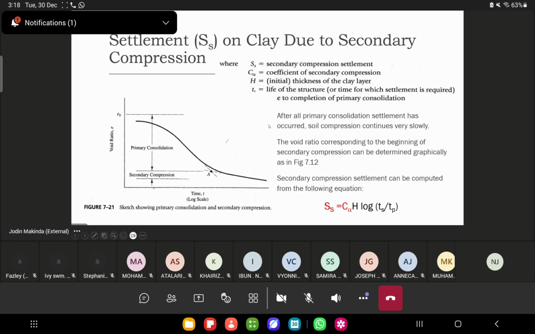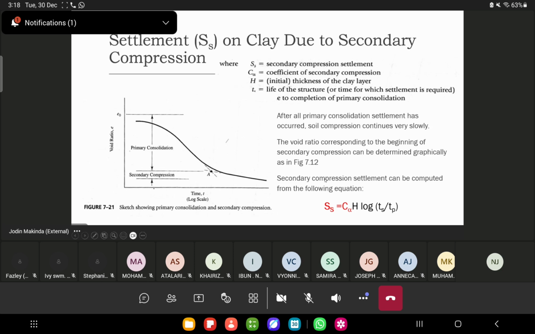So if you look at the figure on the right side, you can see that once the primary consolidation is complete at point A, we continue on with secondary compression.